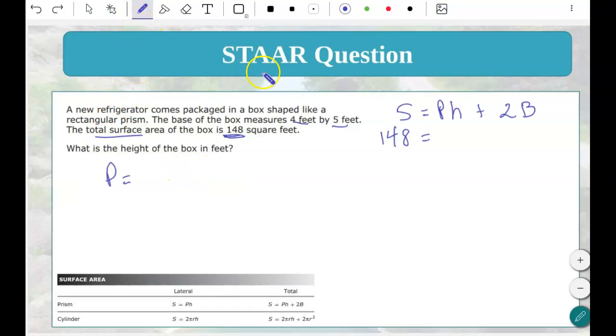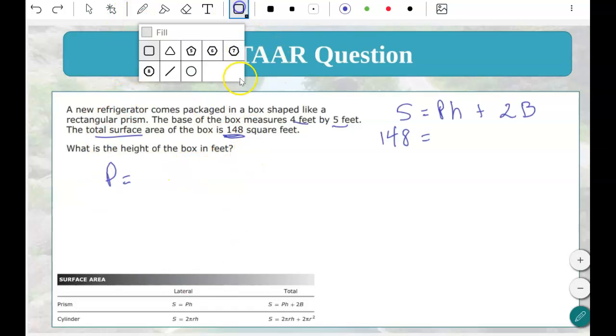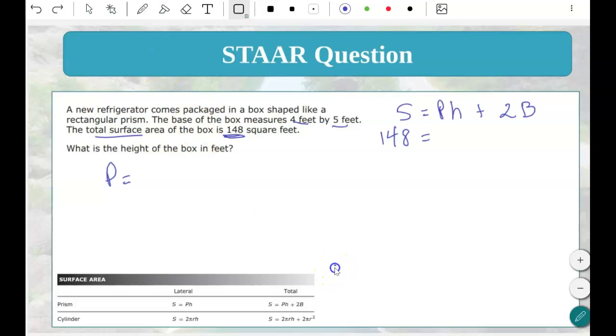Okay, so if you imagine the base, let's just go ahead and look at the base. This would be 4 by 5. We're looking for the perimeter, so remember that's the distance around it.